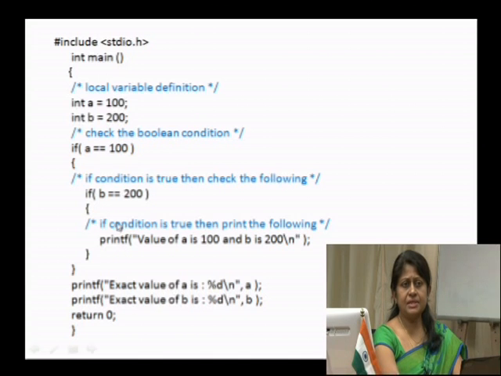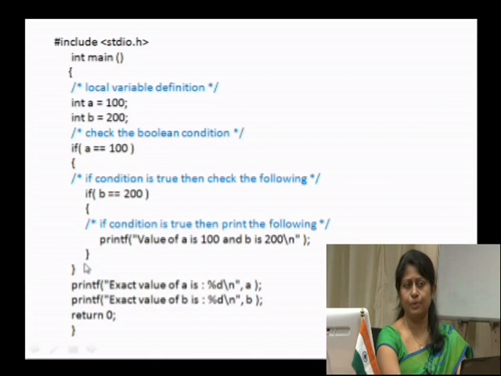The first if evaluates to true, it gets into the second if. The second if also evaluates to true, so the if code block of the inner if is executed. If this were false and you had an else part over here, that would have been executed, but we do not have any else block over here.